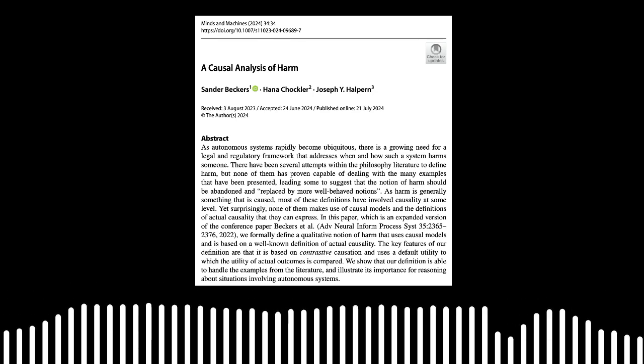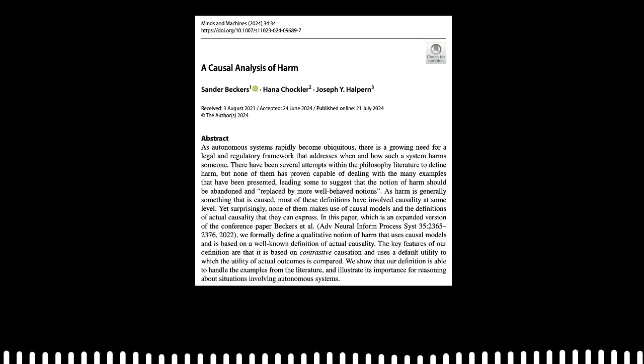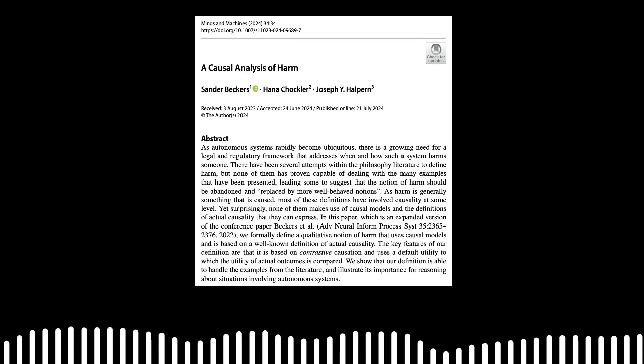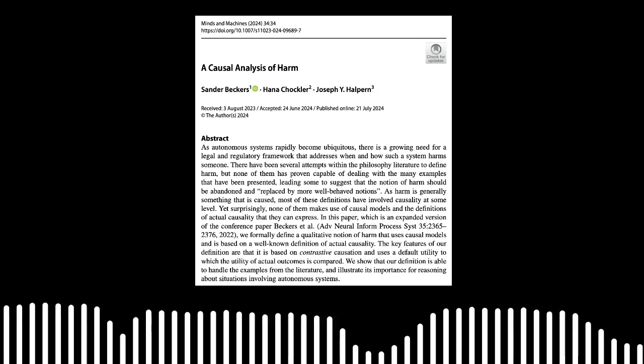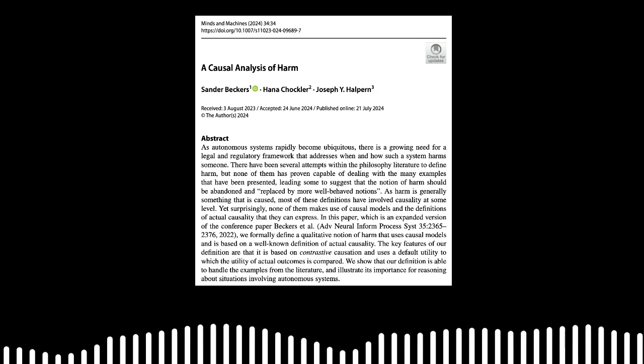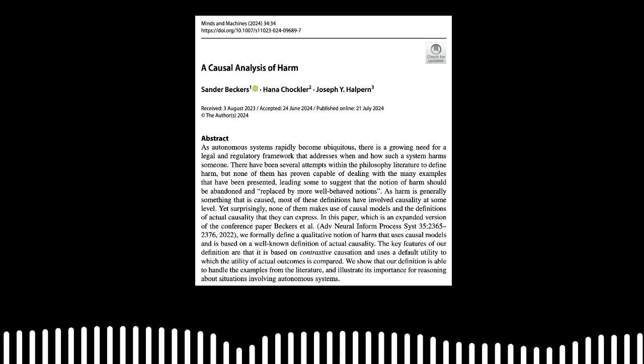Exactly. And we can represent this in our causal model by introducing variables like death by heart attack and death by cannonball. This allows us to see that the heart attack did, in fact, cause a specific harm, which is death by heart attack, even though the ultimate outcome might have been the same in both scenarios.